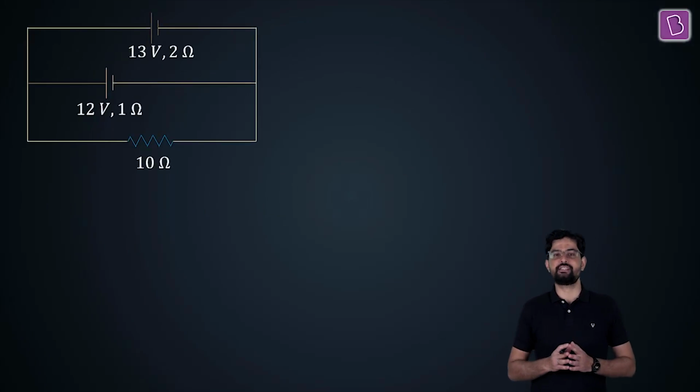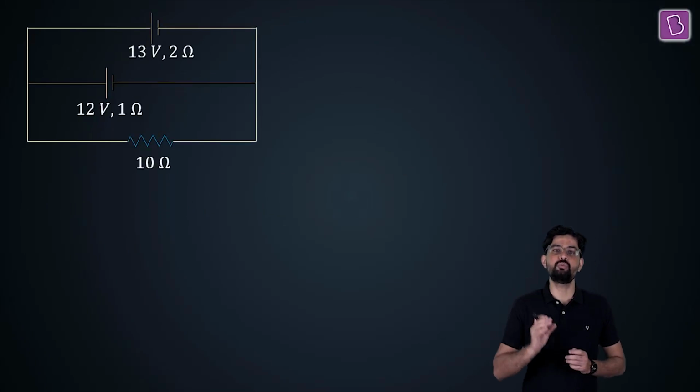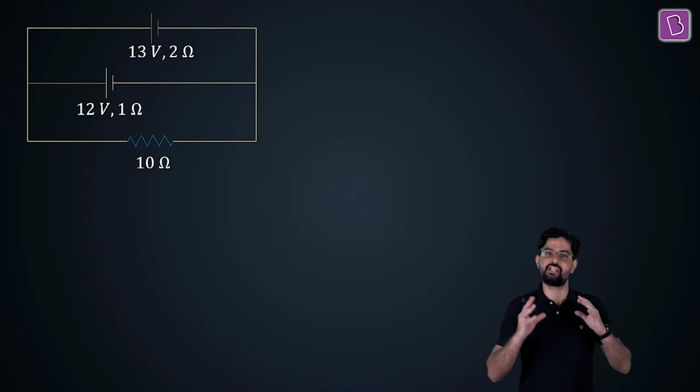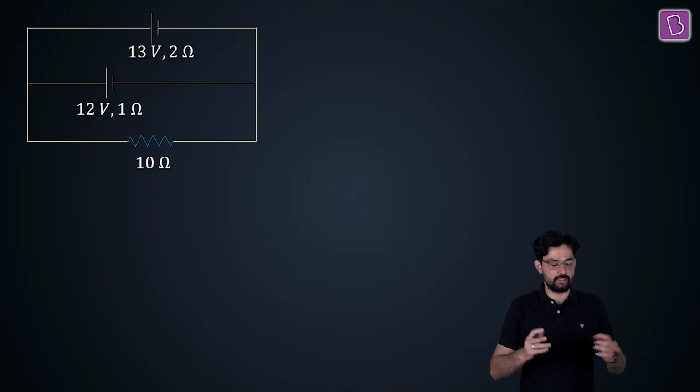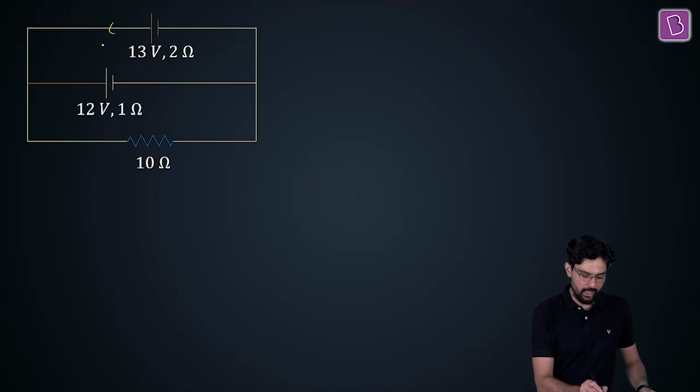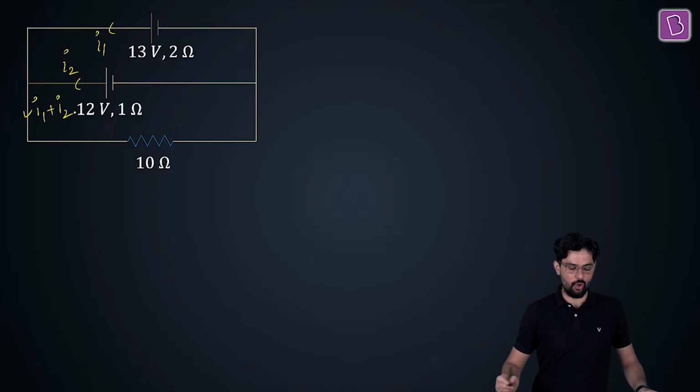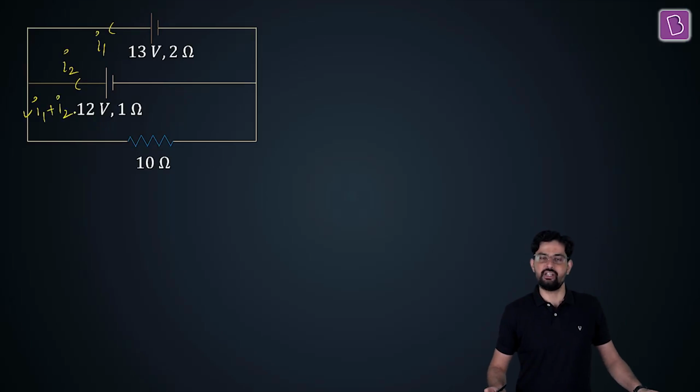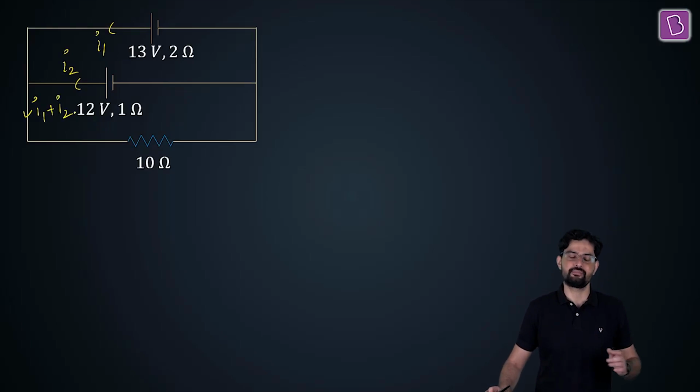The first method is using Kirchhoff's loop rule. You can assume some current to be coming out of this battery, some current coming out of this, and then apply the loop rule to solve for the potential difference, which is going to be I into R.